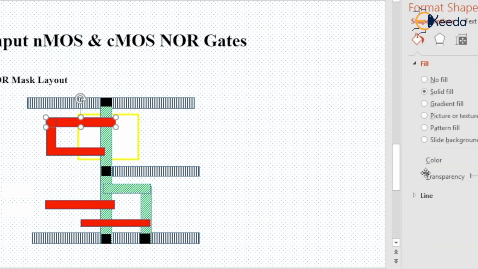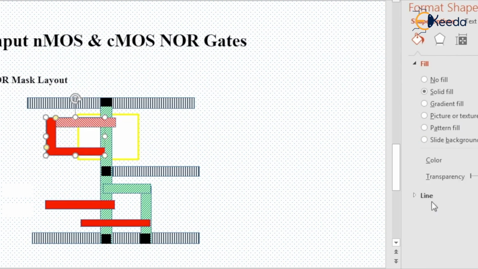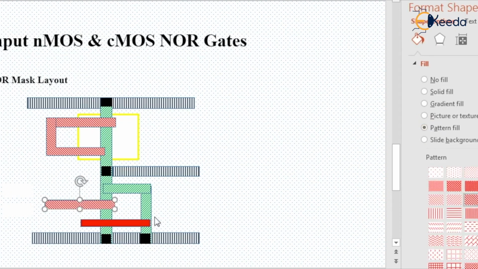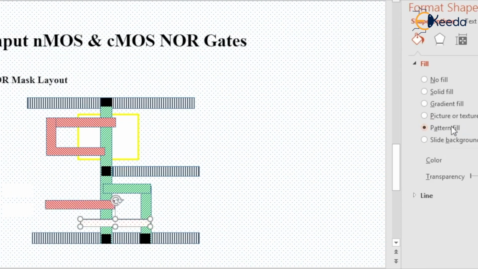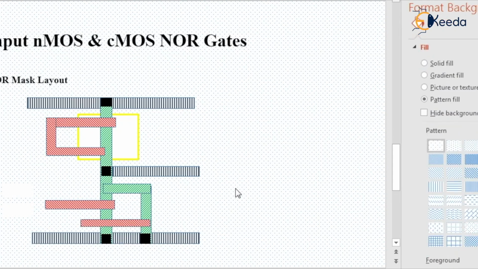Next, polysilicon pattern should be represented with poly, poly fill here. So this is our resultant NMOS NOR mask layout. So if you wish to add inputs, we can add.